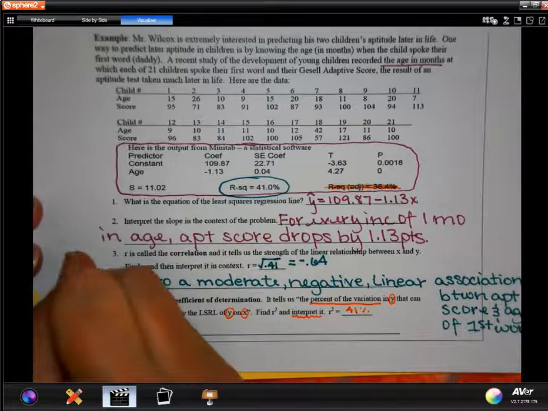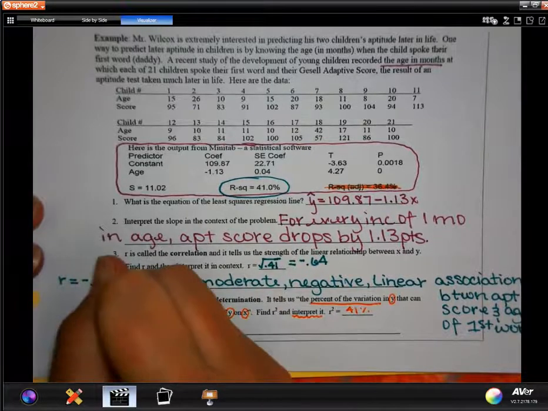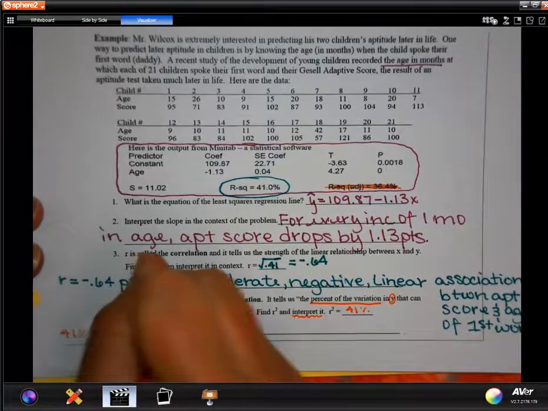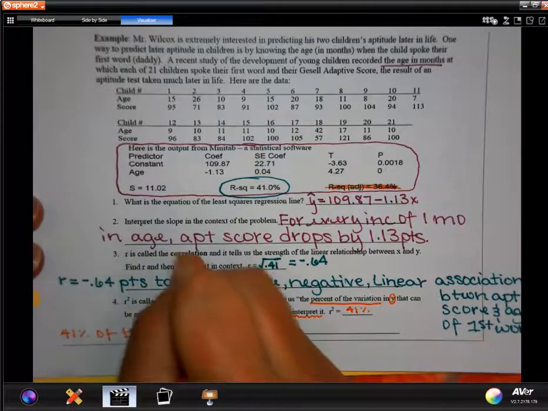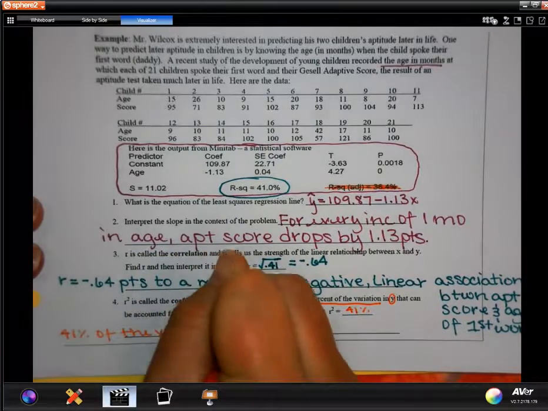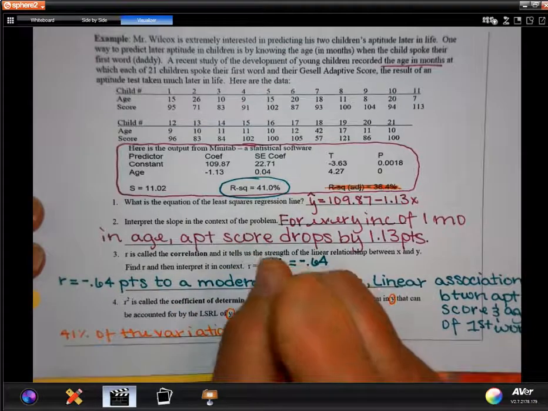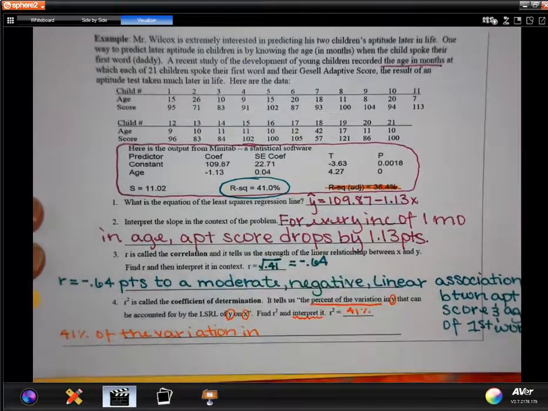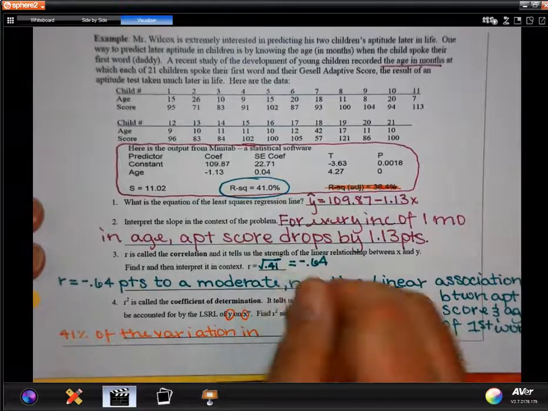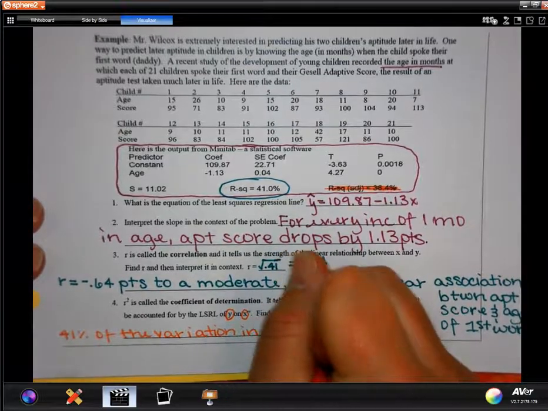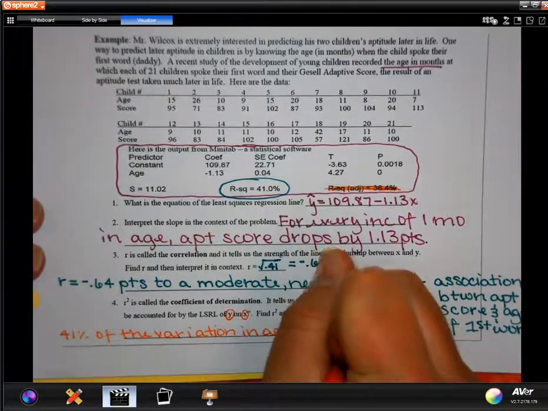So 41% of the variation in, and instead of just saying y, I'm going to say what y is. And y in this case is aptitude scores.